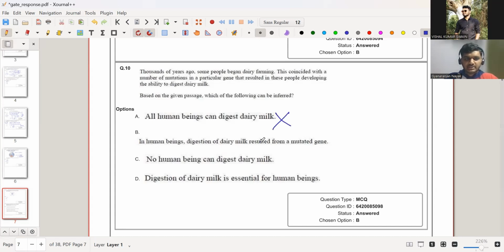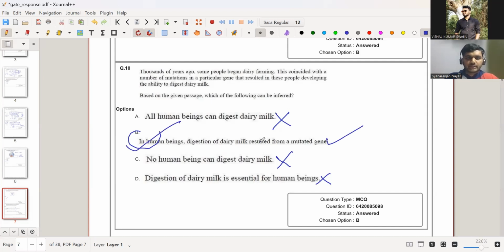So option A is incorrect. Option C, no human being can digest dairy milk, is false, as the passage is about how humans developed the ability to digest dairy milk. So it is incorrect. Similarly, option D is also incorrect. Option B is the most suitable, as the passage clearly mentions the mutation of a gene that resulted in humans developing the ability to digest dairy milk. So option B is correct.